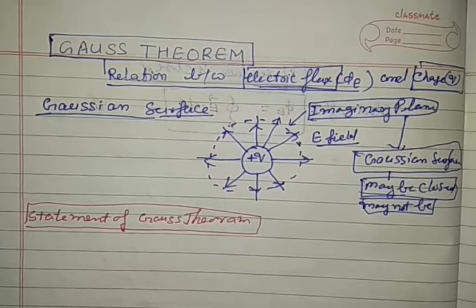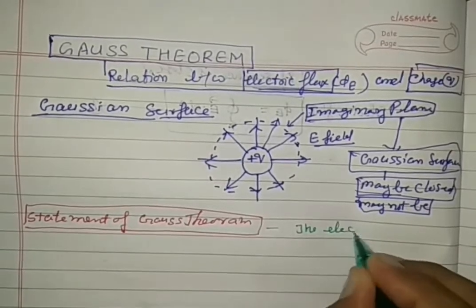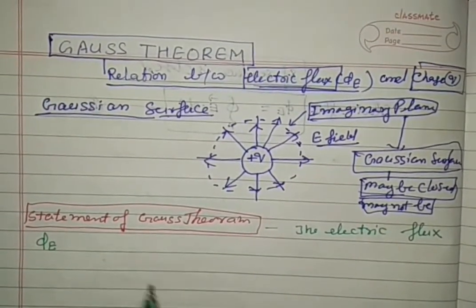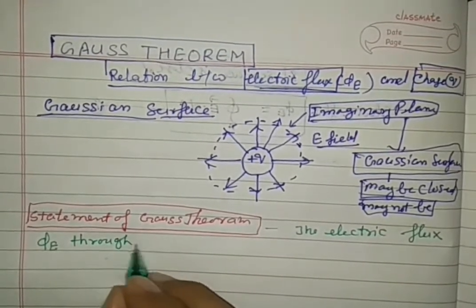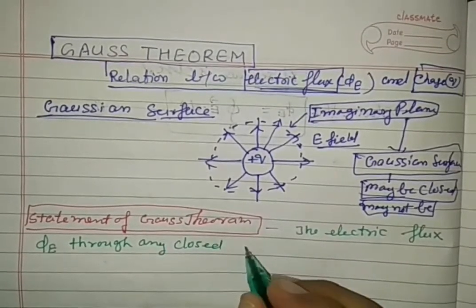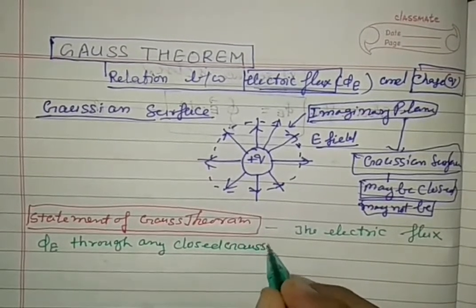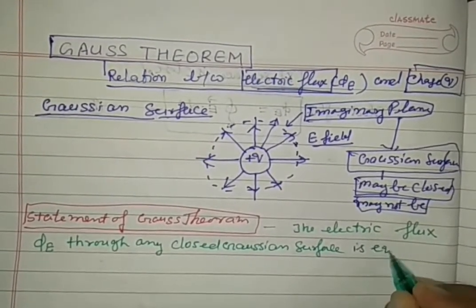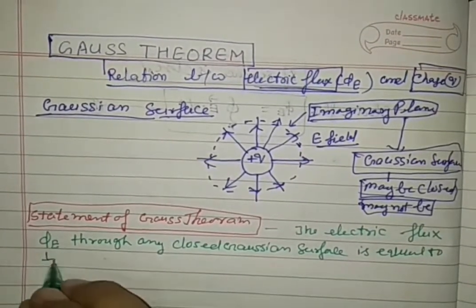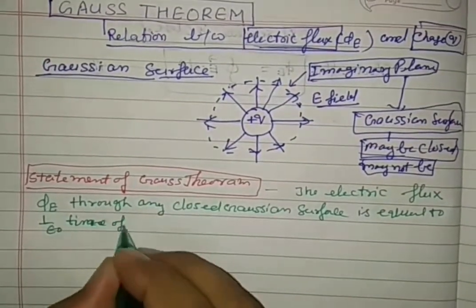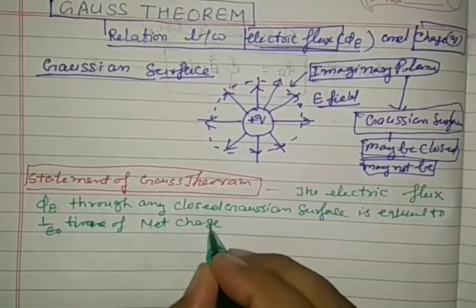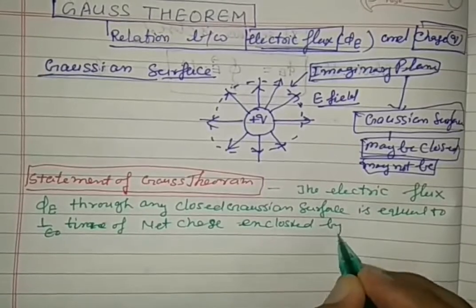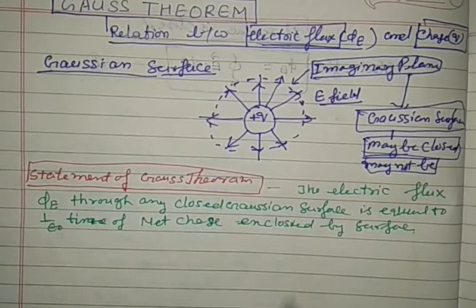The electric flux, you are knowing electric flux is represented by phi, through any closed Gaussian surface is equal to 1 by epsilon naught times the net charge enclosed by the surface.